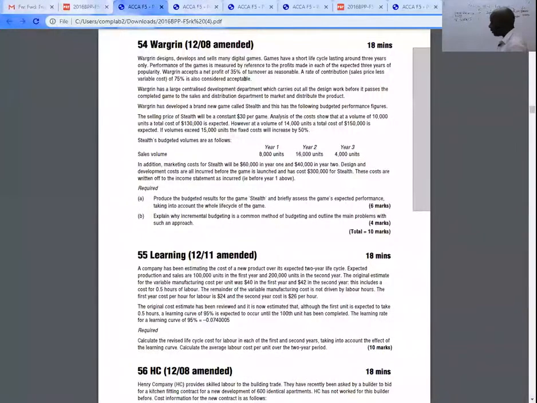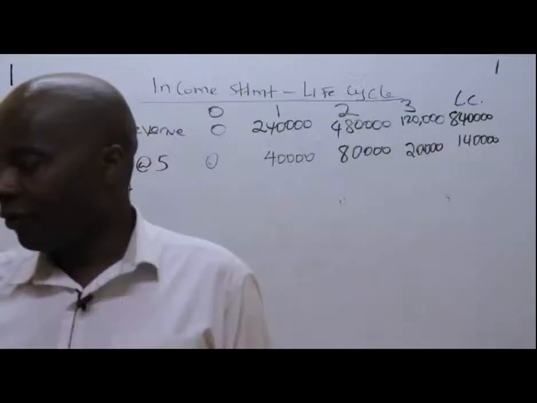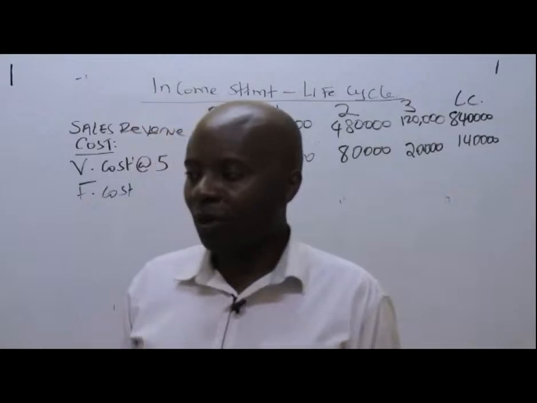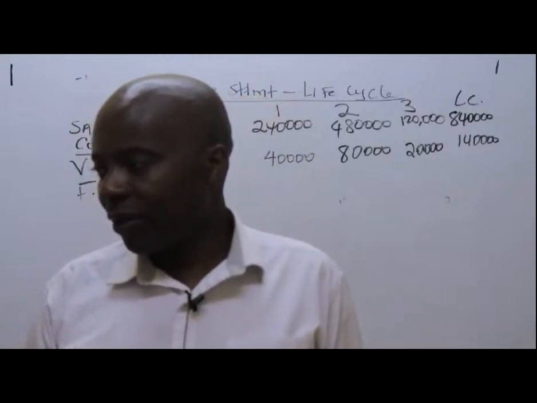From there, ladies and gentlemen, I would want you to come and fix the fixed cost. Could you kindly give me the answer for fixed cost for year 1, year 2 and year 3? What answers do we have there?